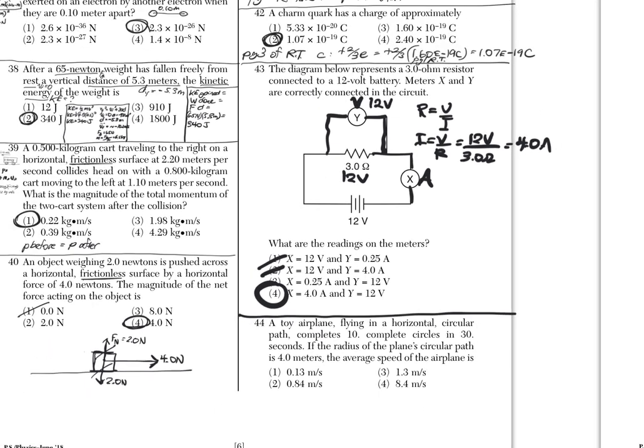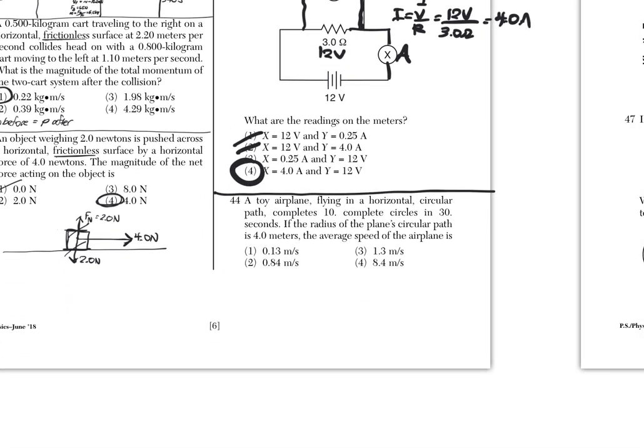4 on 43. 44. Toy airplane flying in a circle, 10 circles in 30 seconds. If the radius is 4 meters, what is the speed of the airplane? Well, we know that speed for something moving in a circle at constant speed is 2 pi times the radius over the period. But now we need the period. And it tells us that it does 10 circles in 30 seconds.